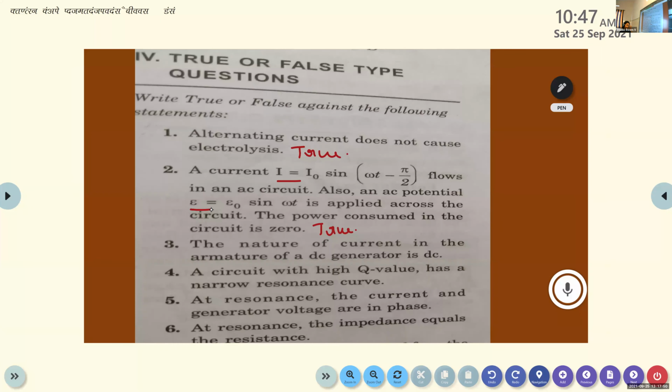Any guess? Is it true or false? Armature is nothing but a rectangular coil that we place between the poles of a strong, powerful magnet.